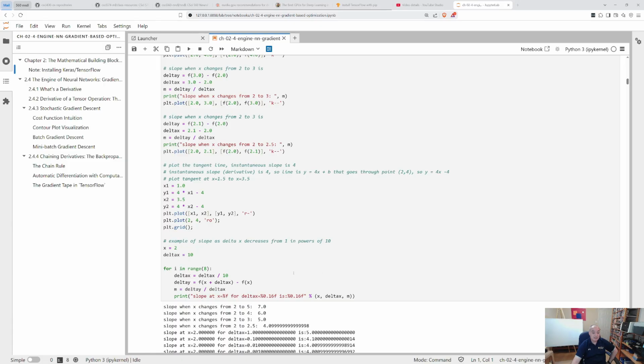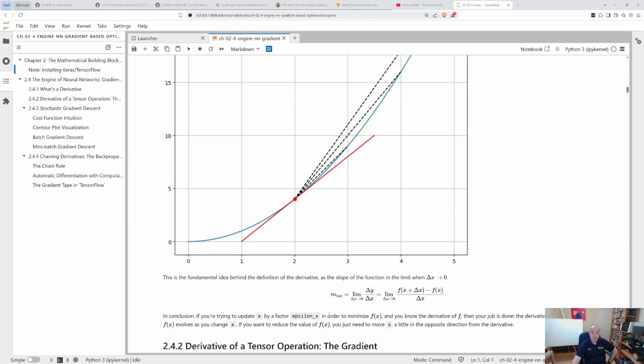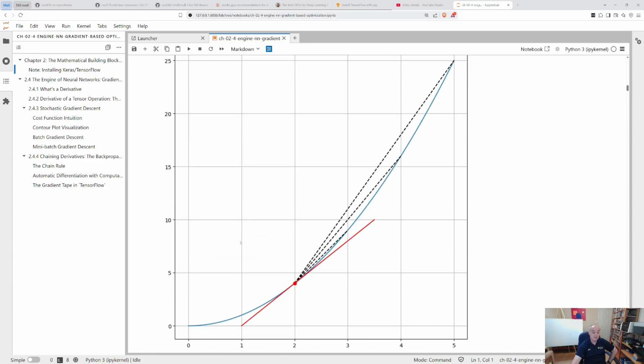As you might know, we can analytically derive the derivative. So if our function is f of x equals x squared, the derivative is going to be 2x, right? That's the derivative of this function, which is plotting out x squared on the plot here.